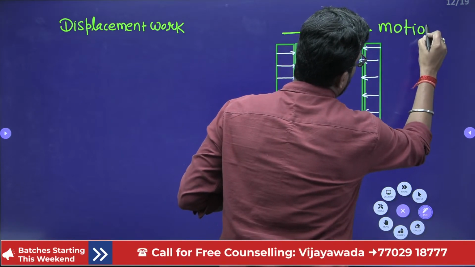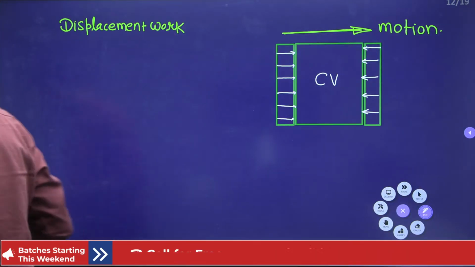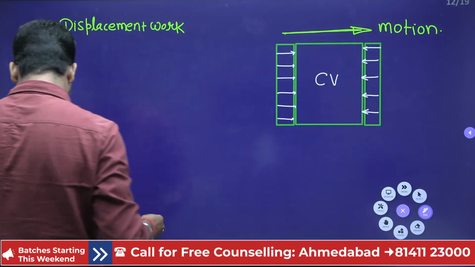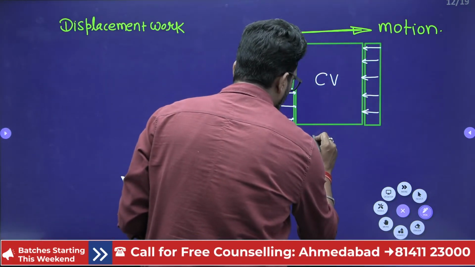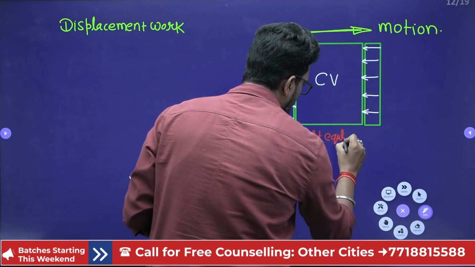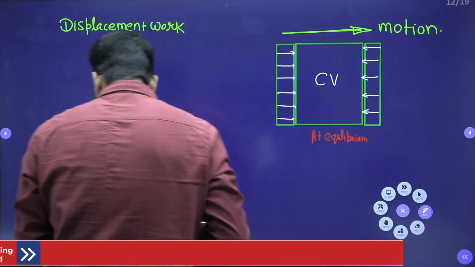Fluid will move in this direction. Okay, no problem. This fluid element, this is the control volume, and let's suppose this is at equilibrium.